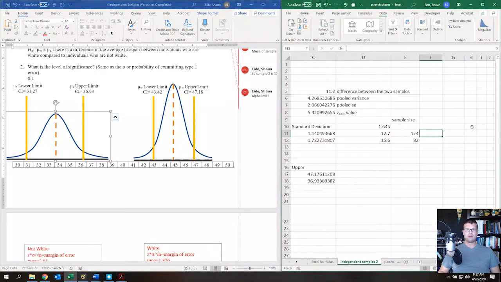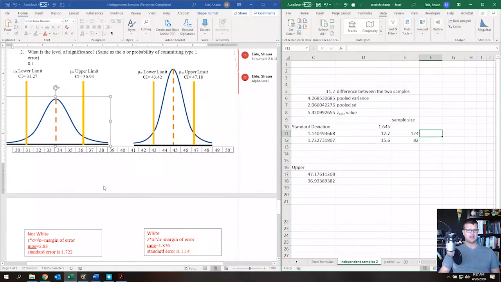So we've got the sample size. And so for this, what we're going to do now is take the z-score, which equals 1.645, and multiply it by the standard deviation divided by the square root of n.